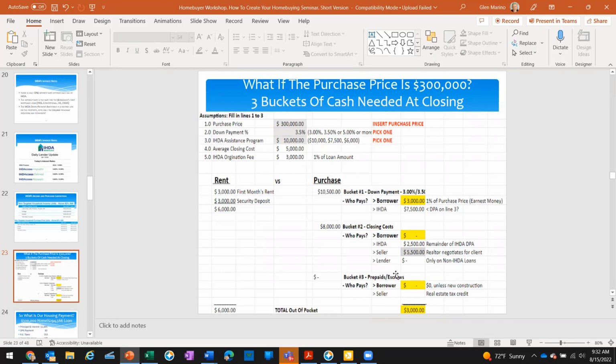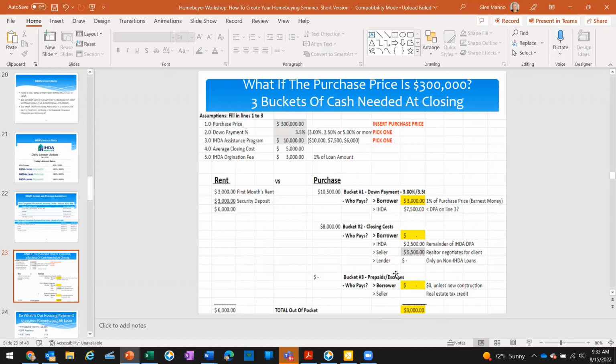If we had a client tomorrow go to purchase contract and the closing date was September 30th, 2022, who has lived in the house from January 1st, 2022 to September 30th, 2022 for 9 months? The seller. The seller will give our buyer 9 months worth of real estate taxes as a real estate tax credit.